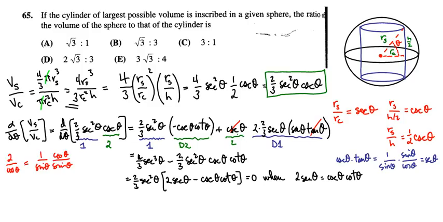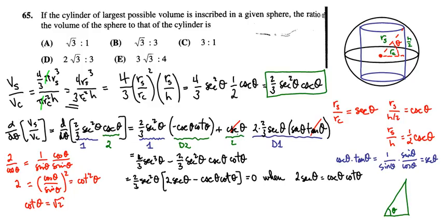Now in red over to the left, if I multiply both sides by cosine of theta, I'm going to get cosine theta over sine theta quantity squared, which is just cotangent squared of theta. And so I'm looking for where the cotangent of theta is equal to the square root of 2.